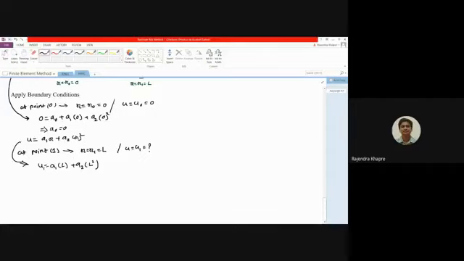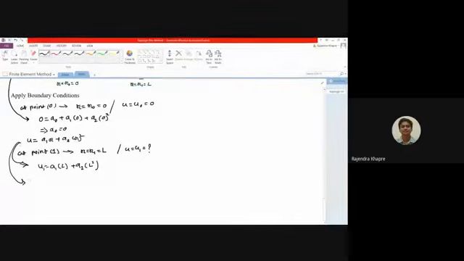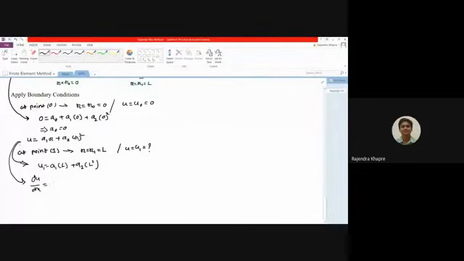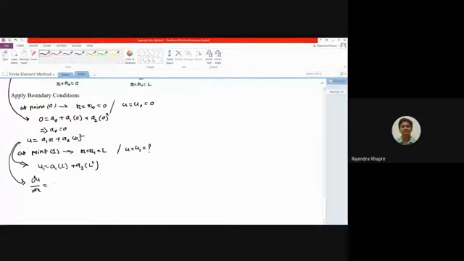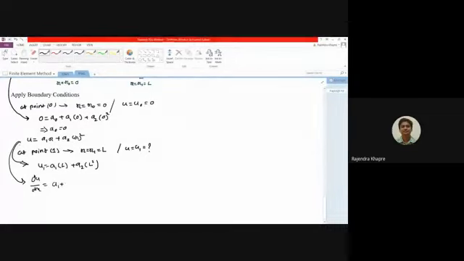Okay, if you remember, we have to go for the derivative of u also. So if this is u, I can go for du by dx here itself. So du by dx can be calculated as a1 plus 2 times a2 into x.